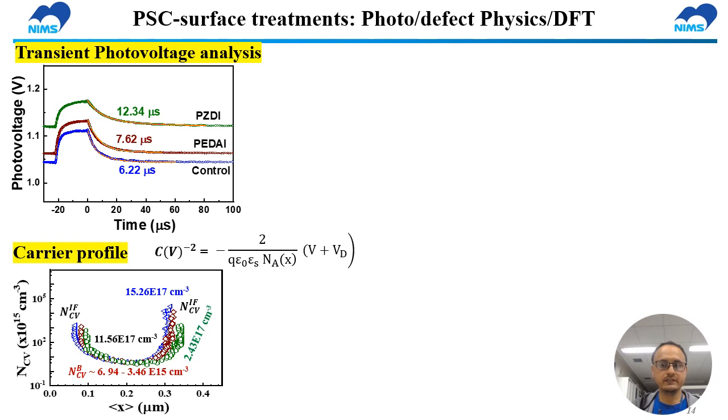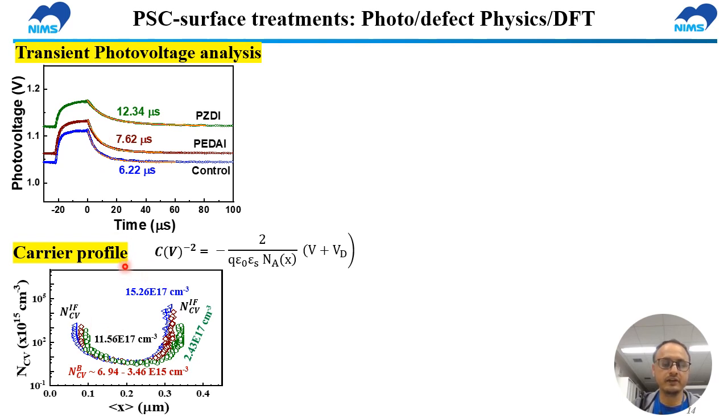Furthermore, we studied the photophysics and defect physics, and for that we measured transient photovoltage. This shows a longer carrier lifetime, a longer photovoltage lifetime, with the PZDI film, and this indicates the quenching of defects.